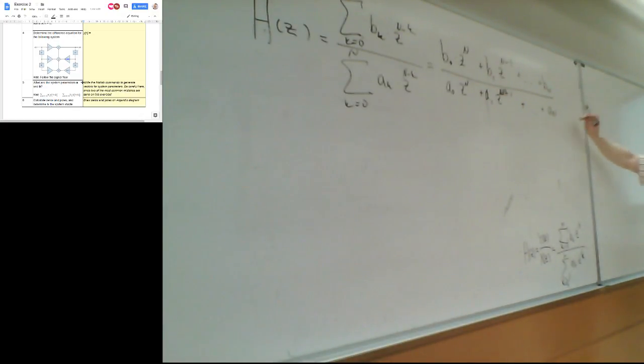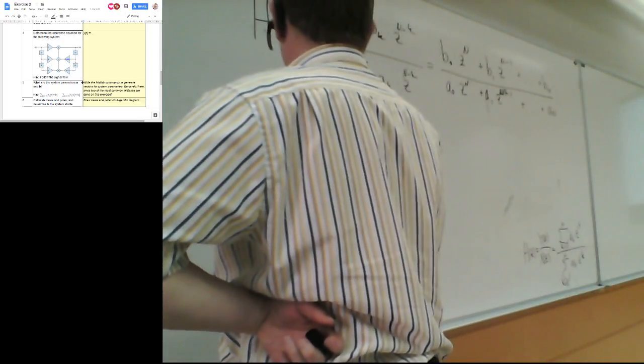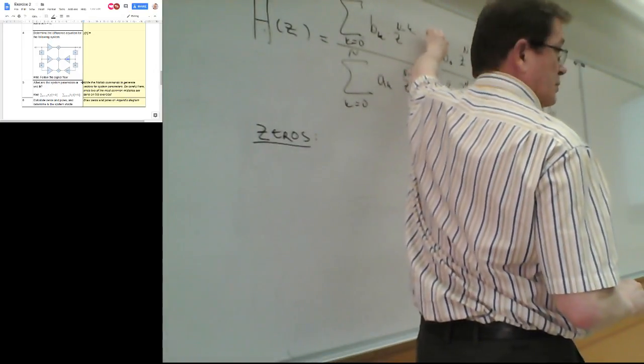And now both the numerator and denominator are positive exponential polynomials. Numerator polynomial, denominator polynomial, nth degree, meaning that there are actually n roots on both of them. So the zeros of the system are the same as the roots of this polynomial.